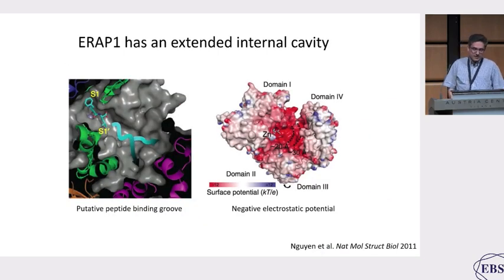This internal cavity is quite unusual and quite large, and when we first saw it, we hypothesized that the reason it's so large is because it allows the enzyme to accommodate large peptides. It also has a very negative electrostatic potential, which fits with the specificity of this enzyme for at least some of its substrates to have some positive charges.